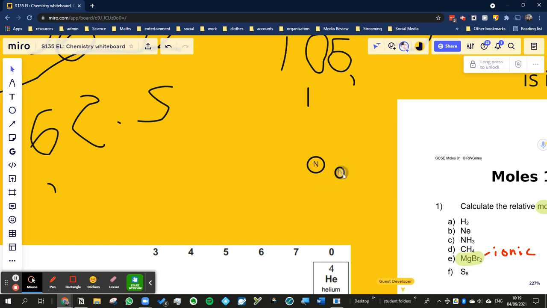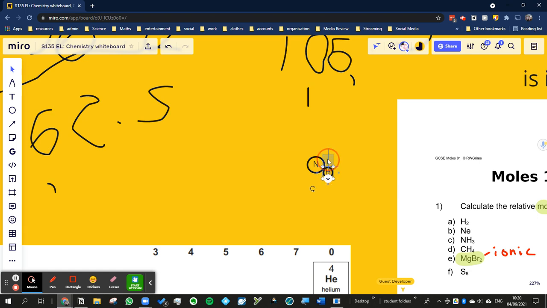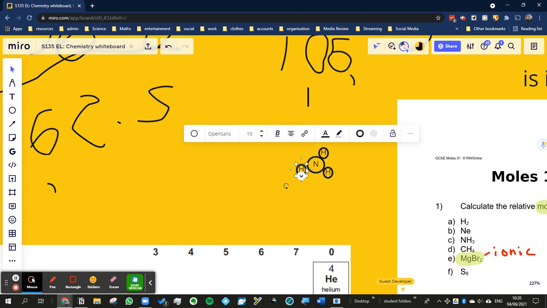Maybe make it a capital H as well. There's my hydrogen atom. And an ammonia molecule would be made up of, would be like that, right?